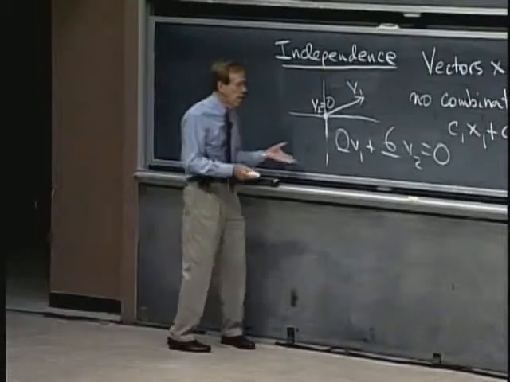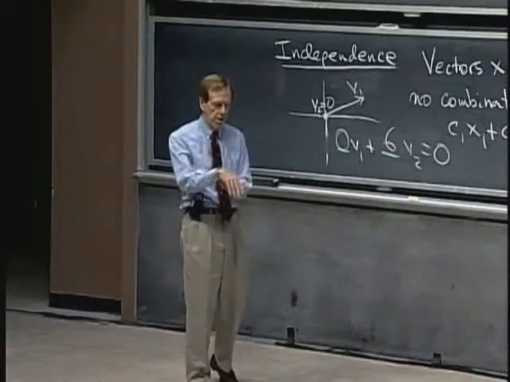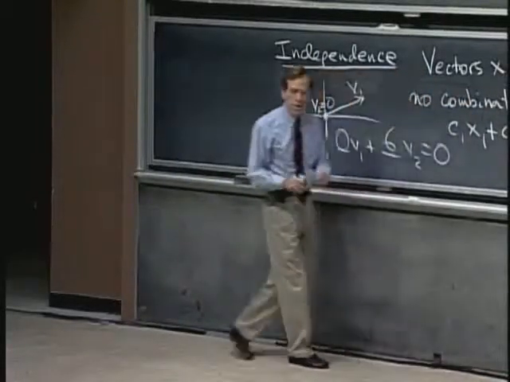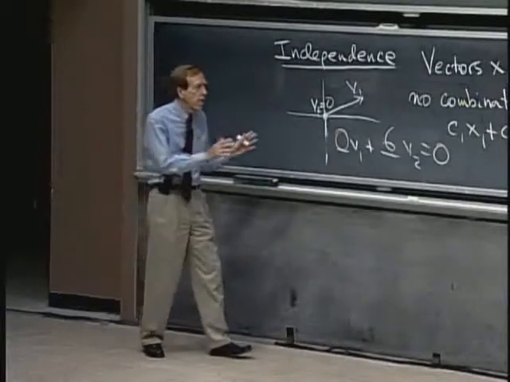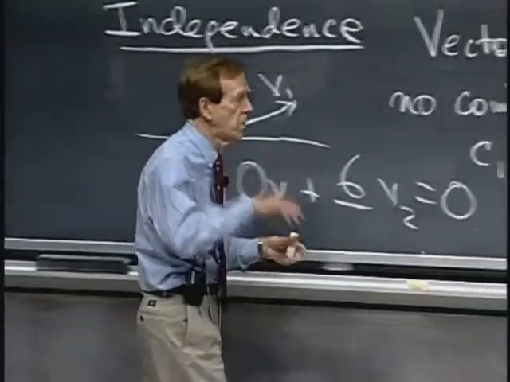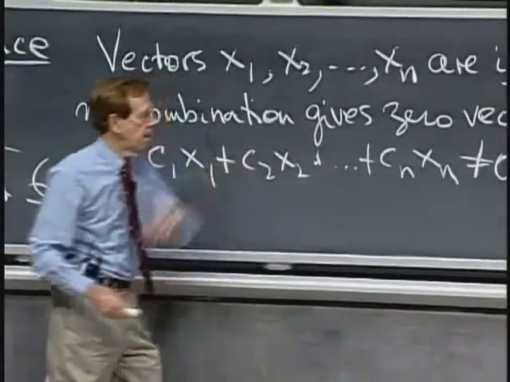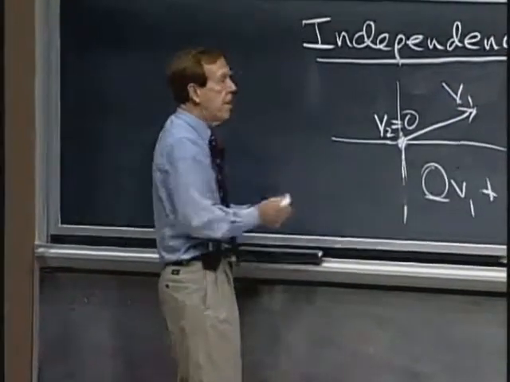The point is, if one of these vectors is the 0 vector, independence is dead, right? I could always include that one and none of the others, and I would get the 0 answer, and I would show dependence.